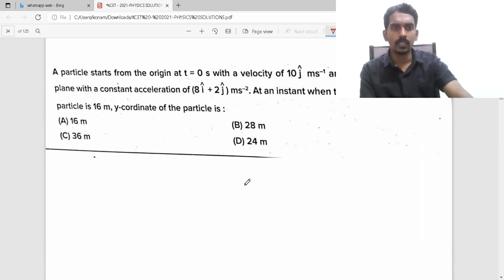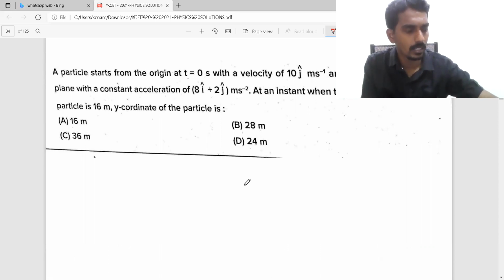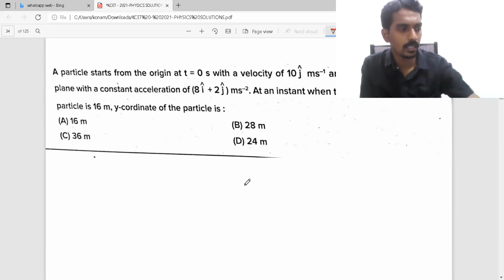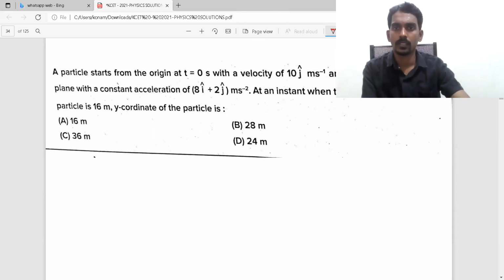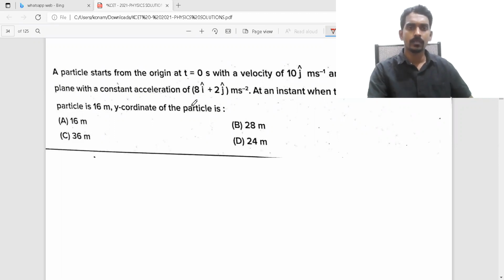Now, a particle starts from the origin at t equal to 0, with a velocity 10 j cap and moves in the xy plane.